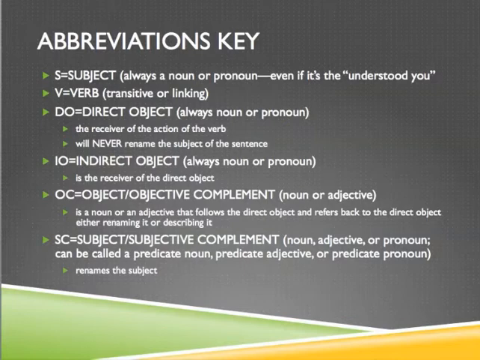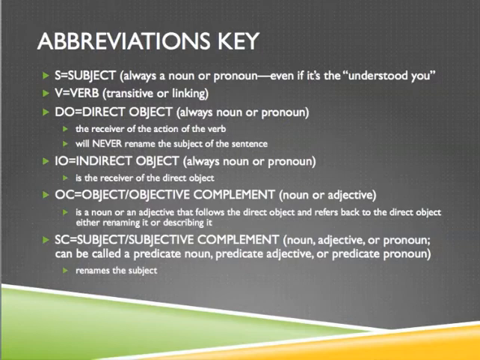The direct object is the receiver of the action of the verb, and it will never, ever rename the subject of the sentence. IO stands for indirect object. It's always a noun or a pronoun. It is the receiver of the direct object.